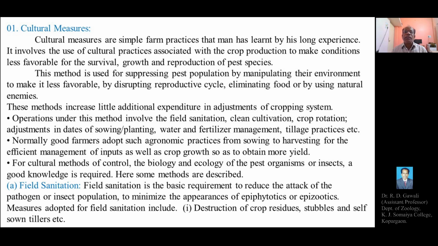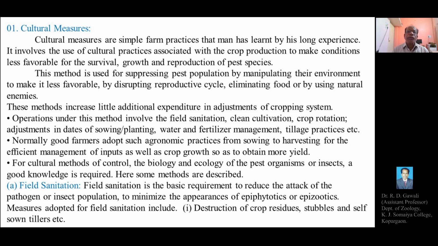So, due to these practices, what happens actually? The number of pest species remains in control because these practices lead to unfavorable environmental conditions for the pest, making survival, growth, and reproduction of the pest species difficult.